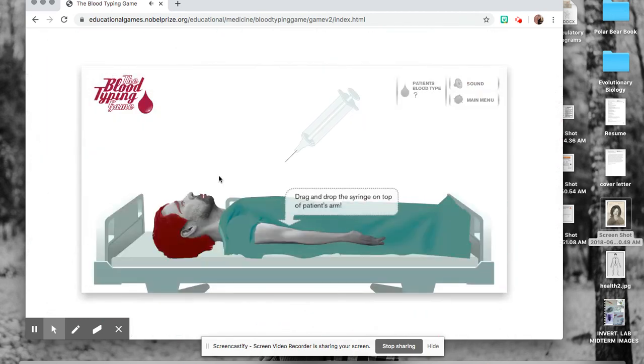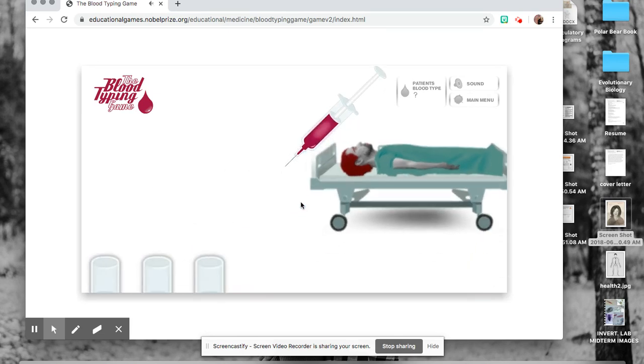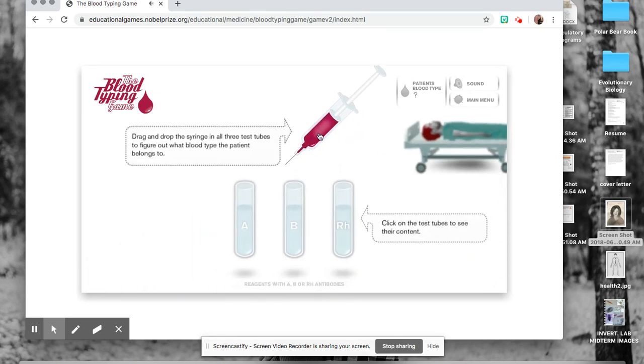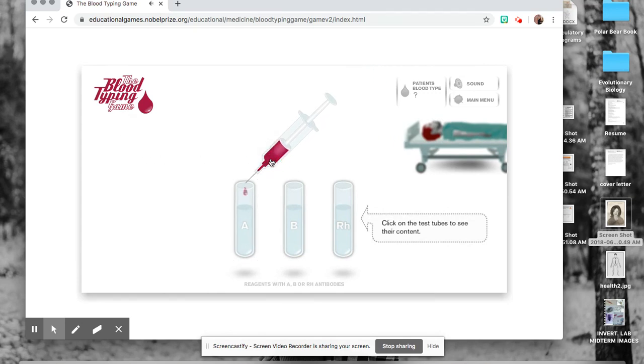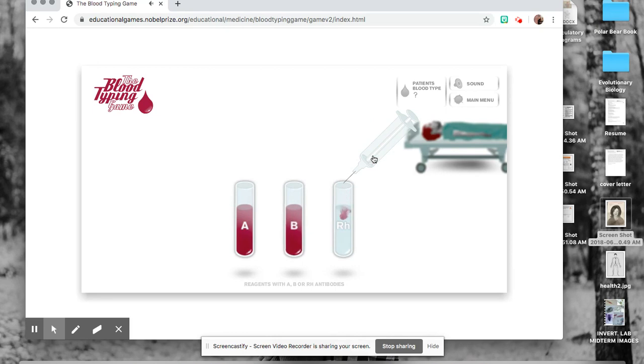All right. The very first thing we're going to do is draw some blood from our patient's arm. And now we're going to test it. We are going to put it in a bottle that contains A antibodies, B antibodies, and RH antibodies.